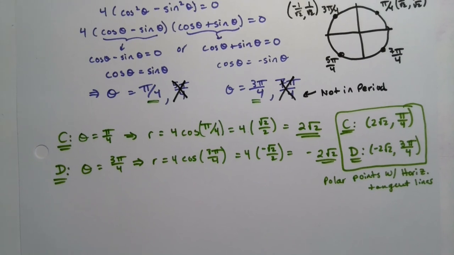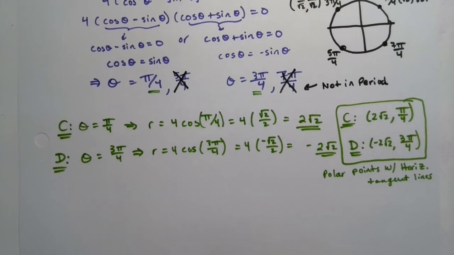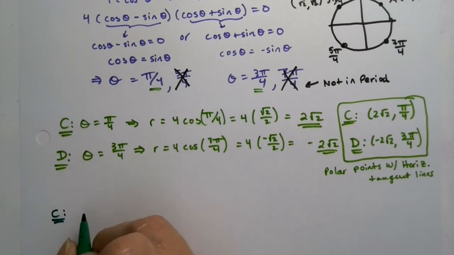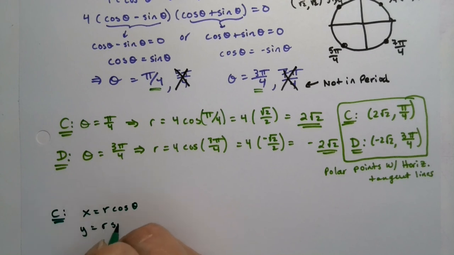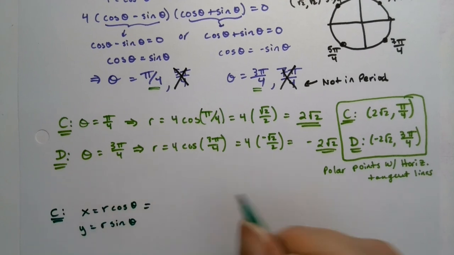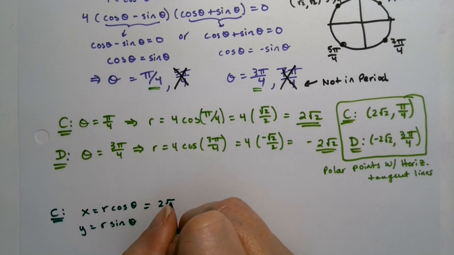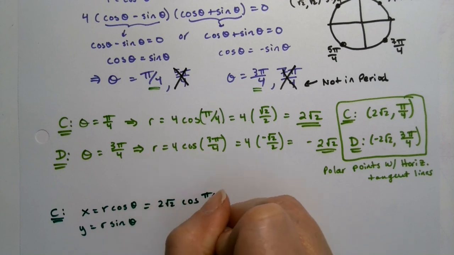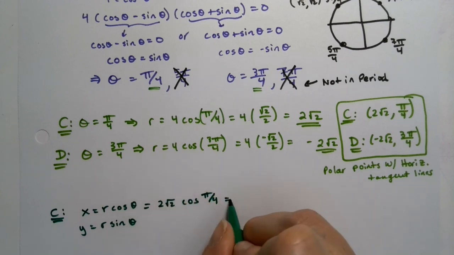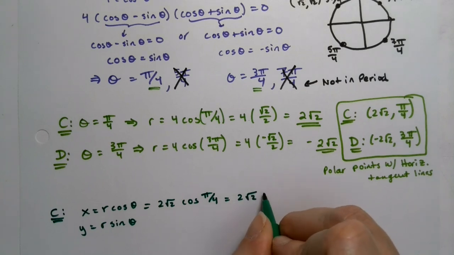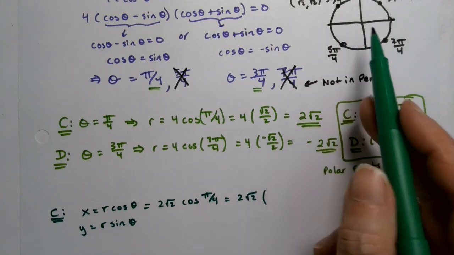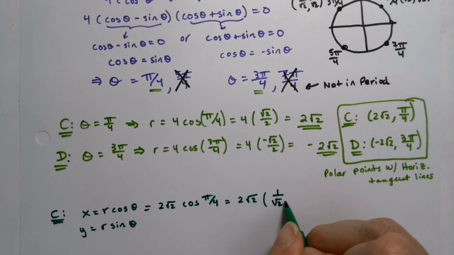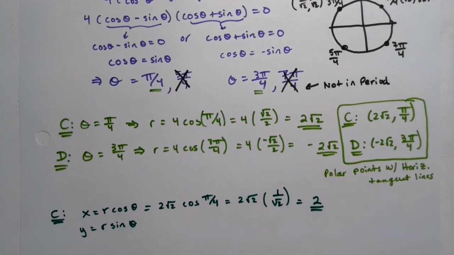All right, well, that's wonderful and grand. But unfortunately, they want us to come up with rectangular points as well. So for C, remember that x is equal to r cosine theta, y is equal to r sine theta, right? So that would be equal to 2 square root of 2 cosine of pi over 4, which is 2 square root of 2 times 1 over the square root of 2, which lo and behold is 2.